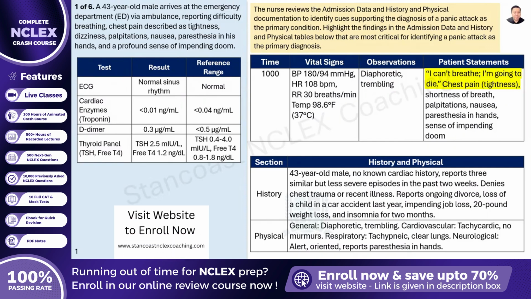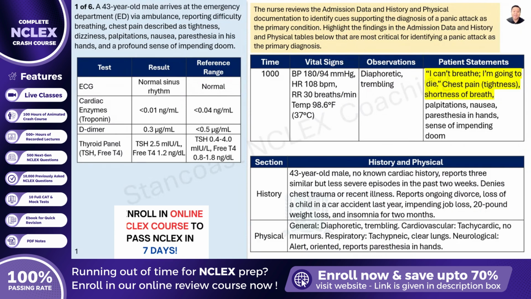The next finding that you should highlight is this one: shortness of breath. This is one of the most common physical symptoms of a panic attack, and can happen because the sympathetic nervous system is activated, which leads to the patient's hyperventilation. And patients often feel like they cannot get enough air even if their oxygen saturation is fine.